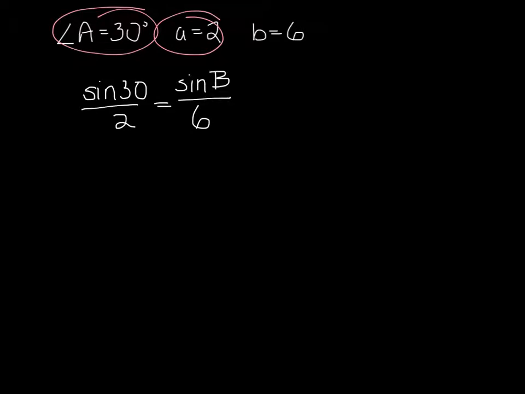Now I had to start with angle B solving for it because I don't know anything about C, which means I can't start with that. Once again, I'll cross multiply.